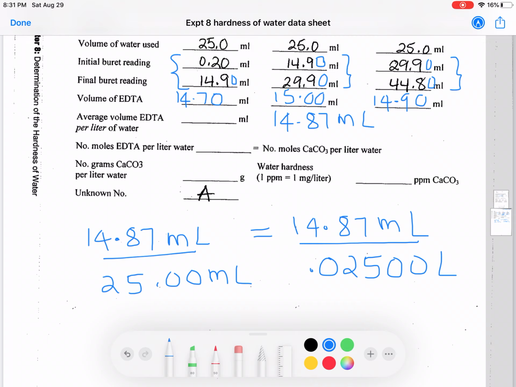So go ahead and do that calculation. 14.87 divided by 0.02500 is 594.8. Average volume of EDTA, 594.8.